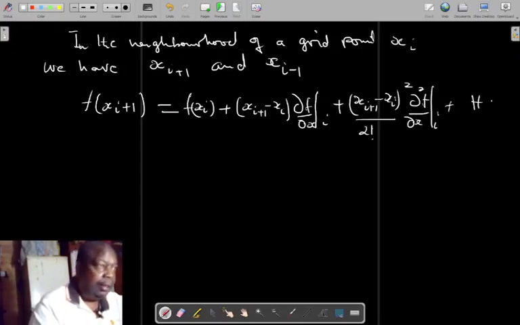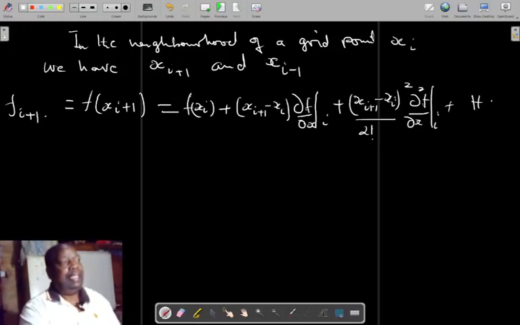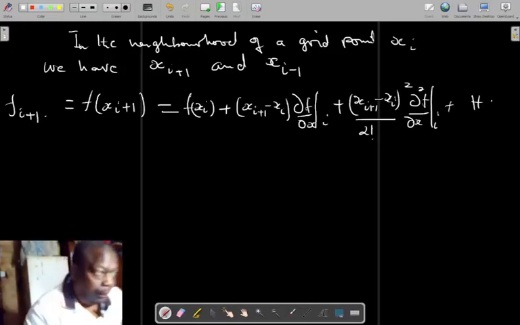Now this is equal to f of i plus 1, the function of x at i plus 1.